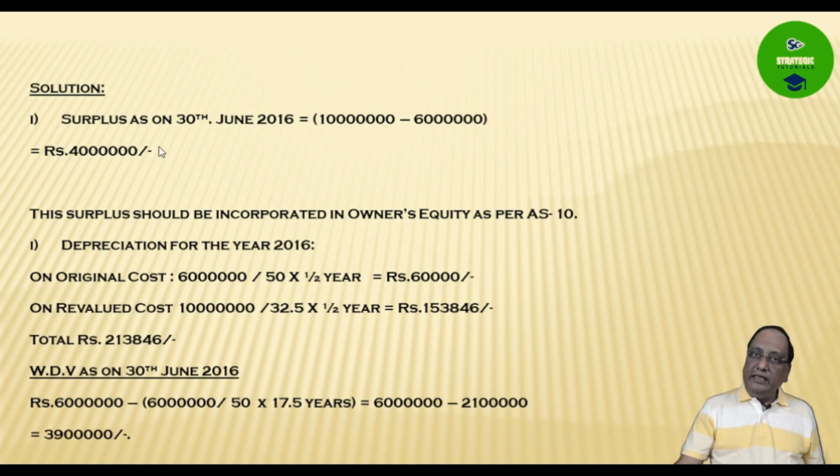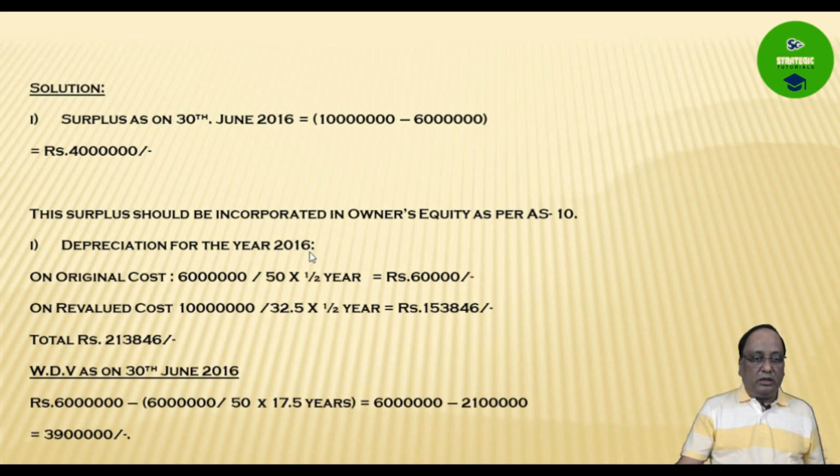So there is a surplus. The cost was 60 lakhs, but now the revalued asset value is 1 crore. So 40 lakhs is the benefit, 40 lakhs is the surplus. Next, this surplus should be incorporated in owner's equity. Yes, it should go to the shareholders' equity or owner's equity as per AS 10.